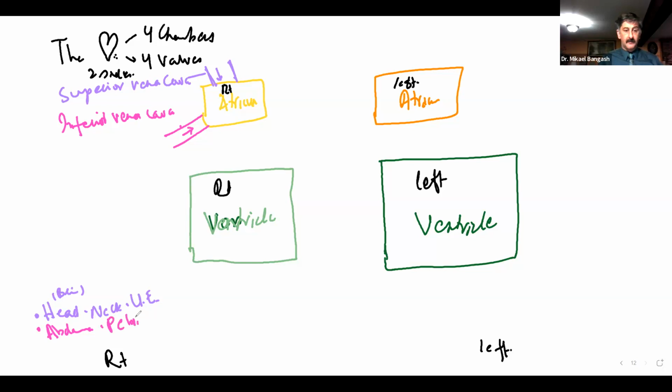Likewise, the pelvis. Is that clear? All the organs and structures in your pelvis, all that blood that returns back to the heart, empties into the right atrium, but it's carried via the inferior vena cava. And we can even say the lower extremity.